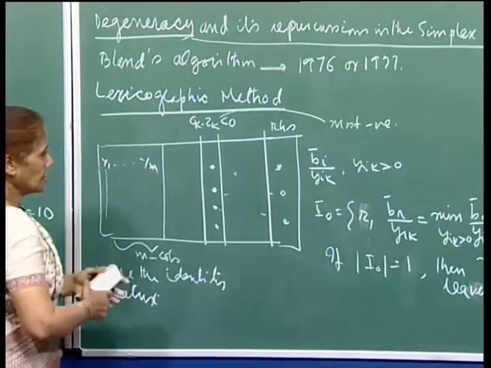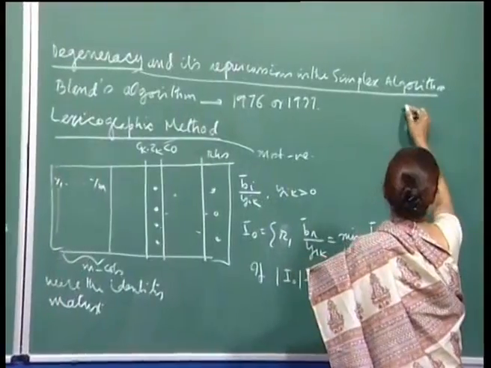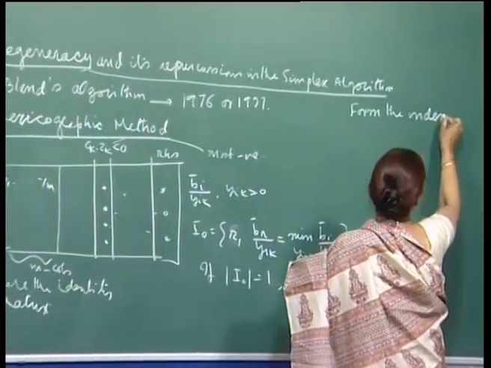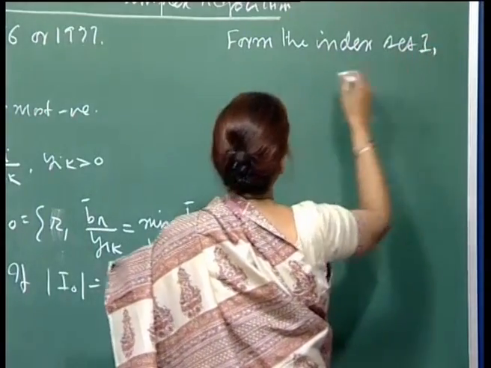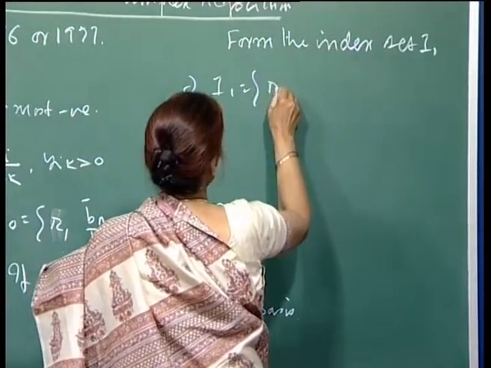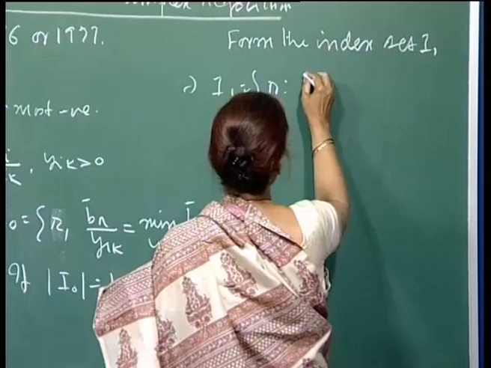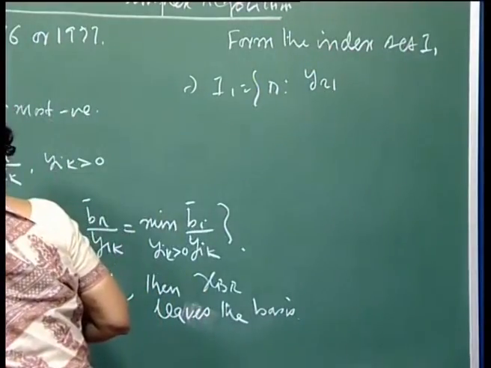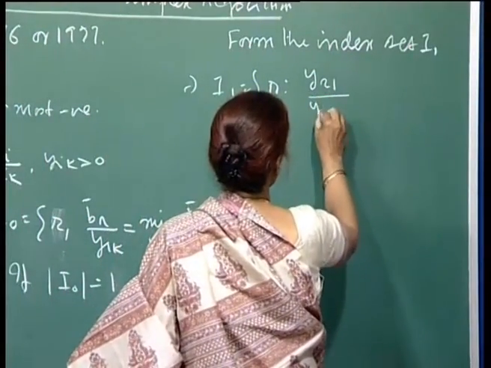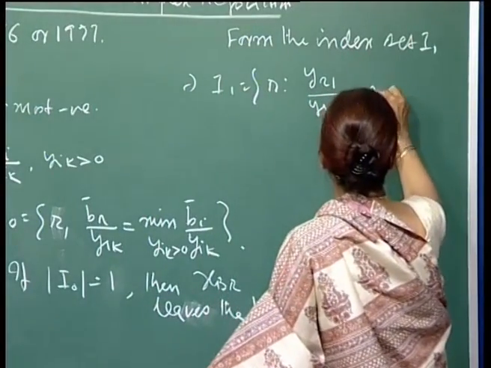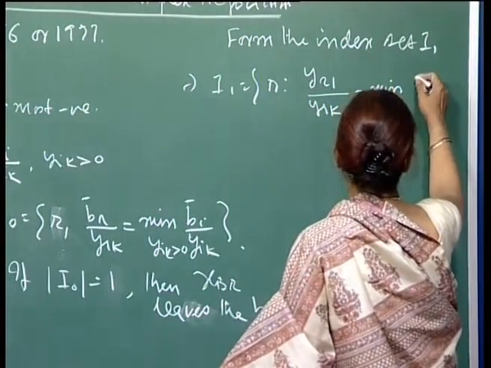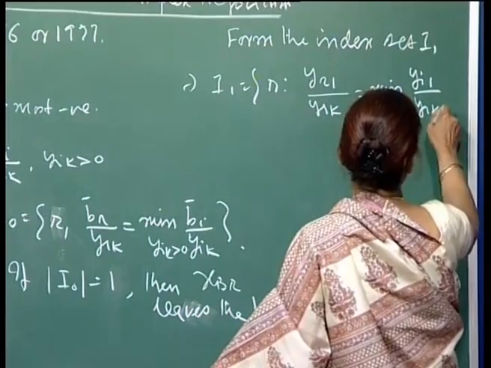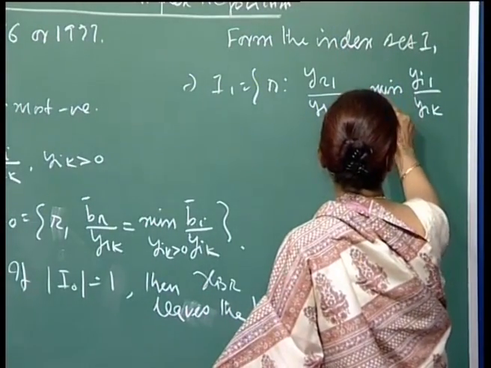Then you should form the index set I1 such that I1 consists of r, where now you have yr1, that means the rth entry from here, divided by yrk, right. This is the minimum of yi1 upon yik, i belonging to I naught.